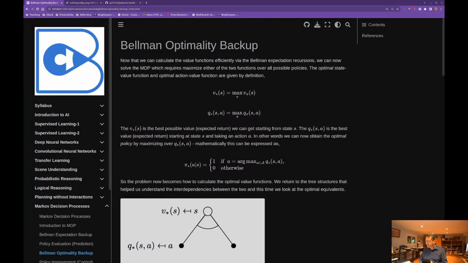If you have a range of policies that you have evaluated, and each policy would give us, if you like, a V pi of S, then you can actually take the maximum across all of those value functions. Each one of them, as we said, corresponds to a policy, to determine what we call the optimal value function, and this applies to both the V functions and the Q functions.